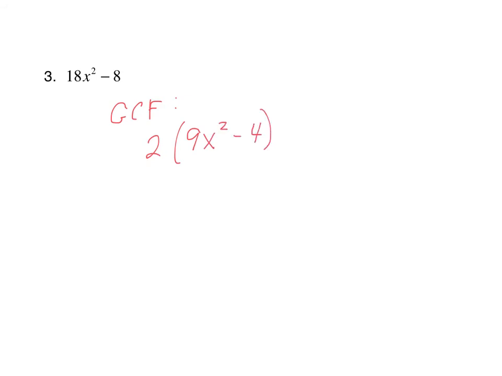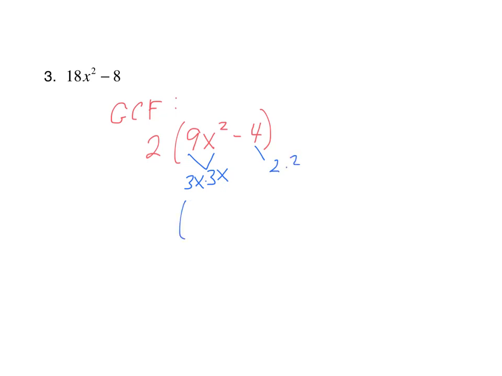And then you can pause and recognize, oh, we've got two terms with a subtraction. Are they squared values? So it may take a minute to figure this out here, but 9x squared is 3x times 3x. 4 is, of course, 2 times 2.